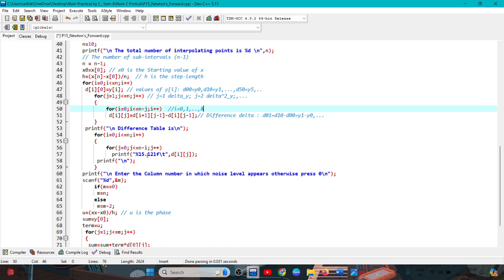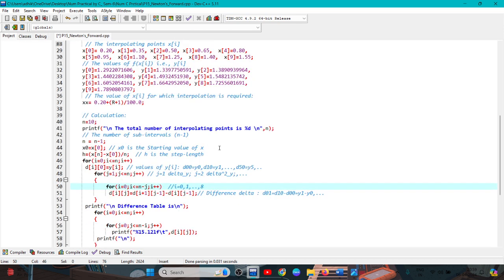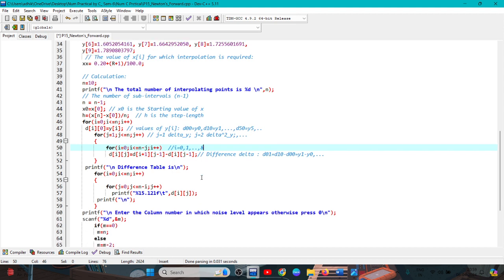The total number of places is 15, and 12 places are reserved for decimals. And the difference table is printed with backslash t, that is the tab, and d i j.